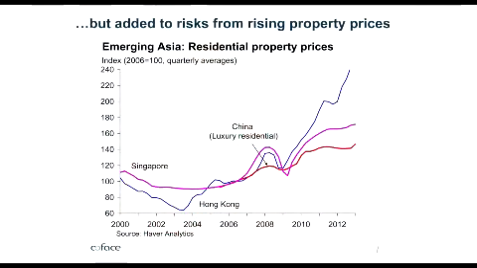But I think it's crucially also added to the risks from rising property prices. And I'm sure this chart is familiar to a lot of you, the very strong rises we've seen in property prices across some of the major Asian markets. And last week I was at the World Economic Forum in Myanmar.